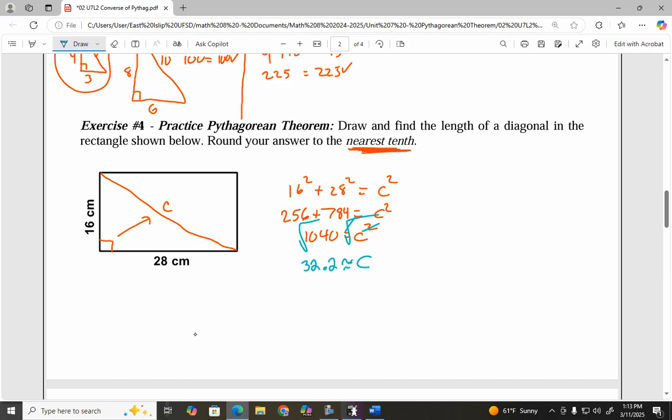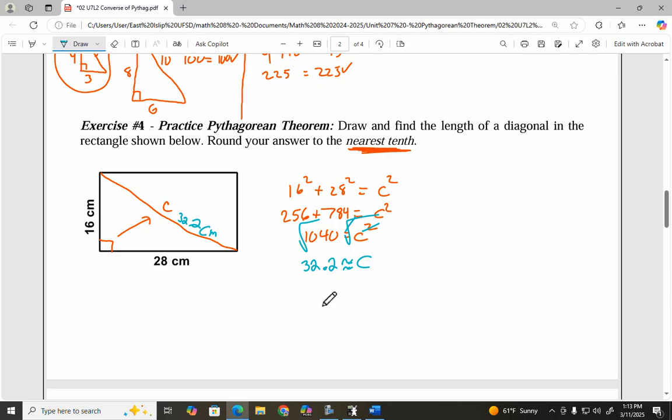I'm changing this to a squiggly equal sign. I don't like equal signs when I round because it's not equal to that, it's about that. And if I use my units, I say that the diagonal is 32.2 centimeters. And that's it.